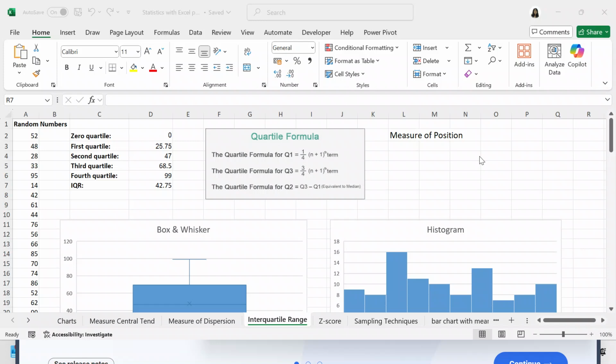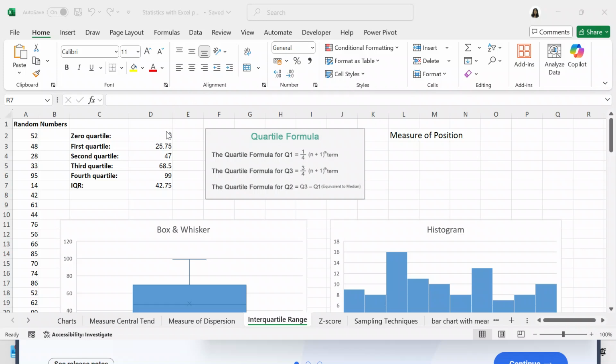Your second quartile is somewhere around 50, your third quartile is somewhere around 75, and your fourth quartile is around 100. And then you've got your interquartile range.